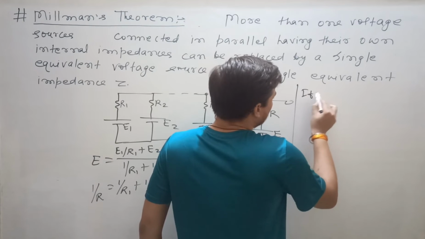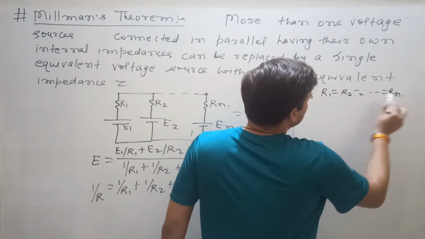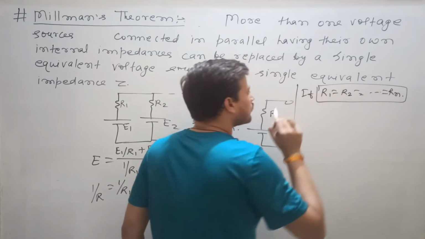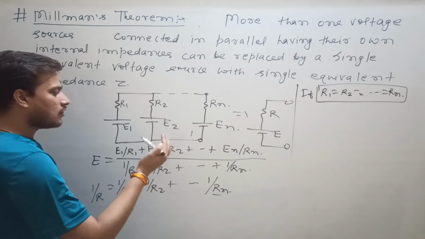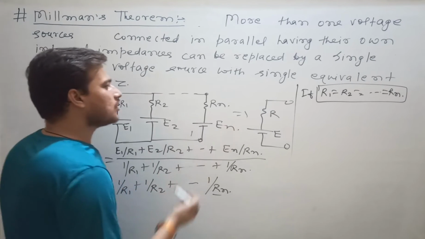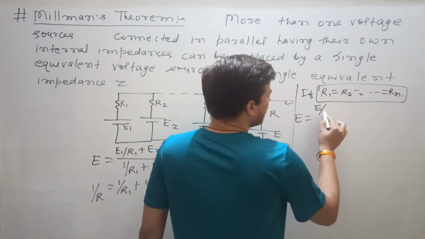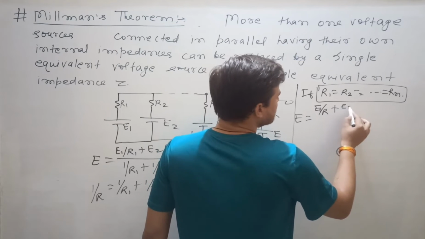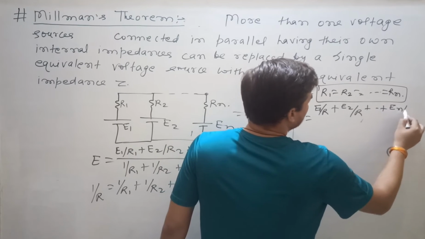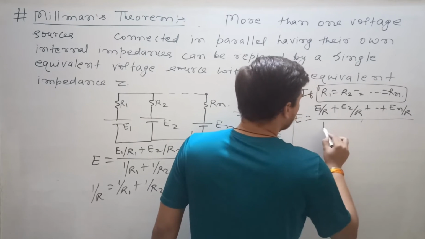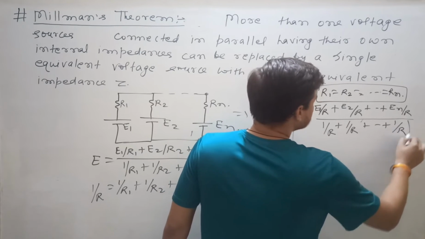Now see one thing. If R1 is equal to R2 up to Rn, if all the resistances are equal, then what will be the value of voltage? So here voltage will become E1 by R plus E2 upon R up to En upon R divided by 1 upon R plus 1 upon R up to 1 upon R, that means n times.